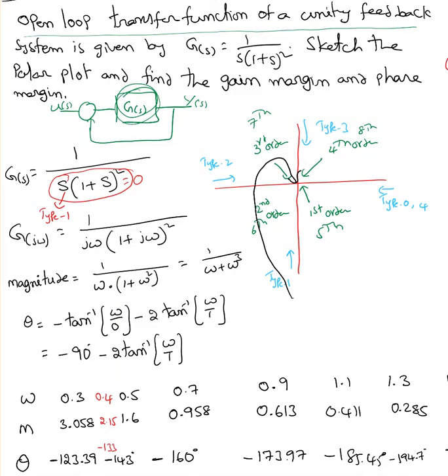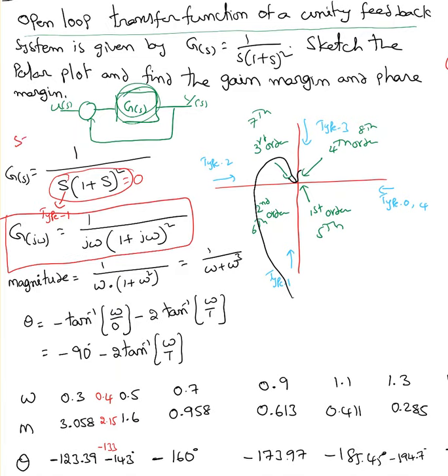For the formula for magnitude, I'm going to substitute s equal to j omega. We know that s equal to j omega. I will end up with 1 over j omega times (1 plus j omega) whole squared.